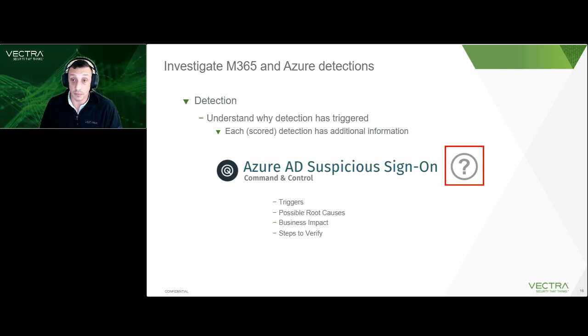Now, these may include malicious, suspicious, and potentially unauthorized causes. We'll also highlight the potential business impacts as well as steps to verify the activity that's been observed. Now, when looking at a detection for an account, the facility that is often overlooked is the additional information. So this is where we're going to get this information.